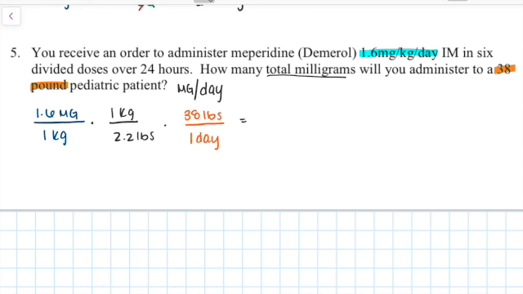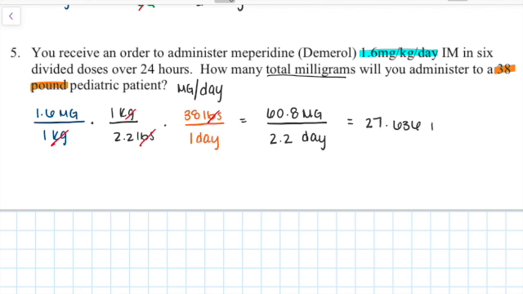So cross cancel out kilograms, cancel out pounds. 1.6 times 38 is 60.8. And then carry over milligrams. 2.2 times 1 is 2.2. That's day.